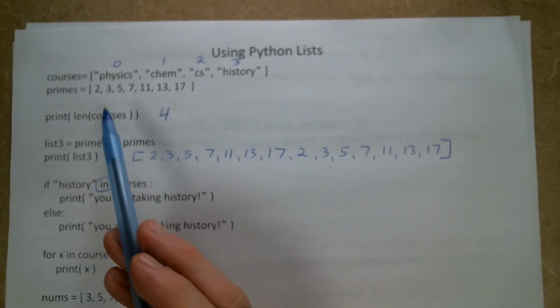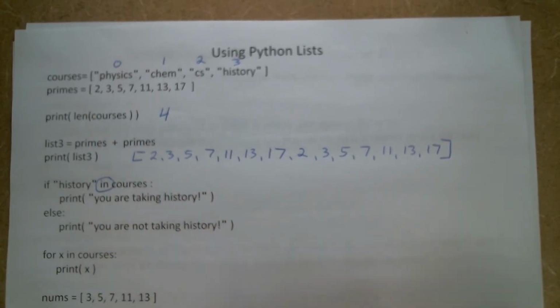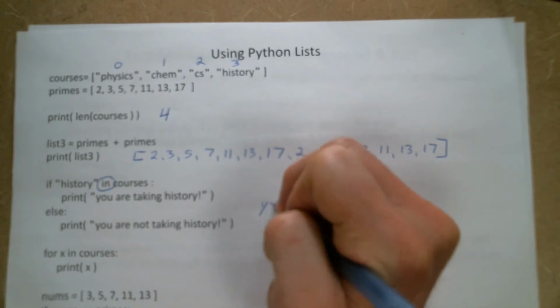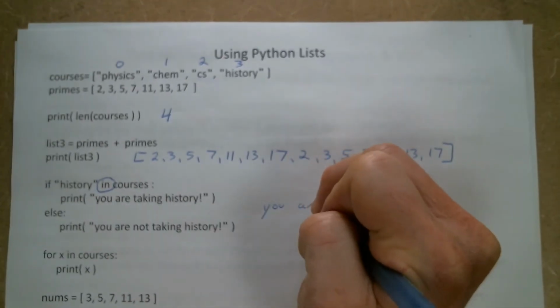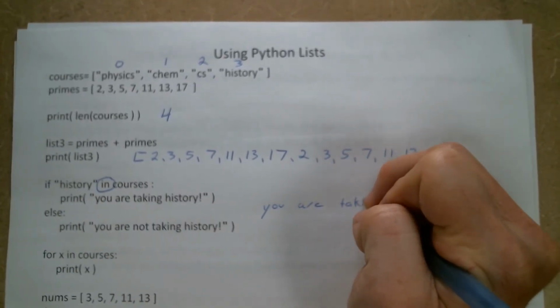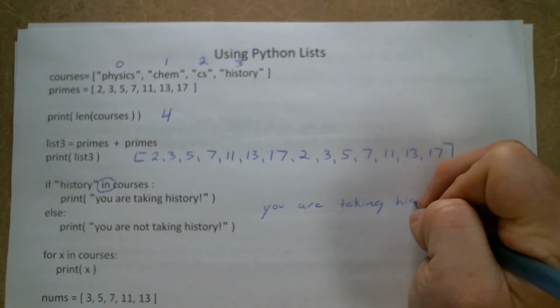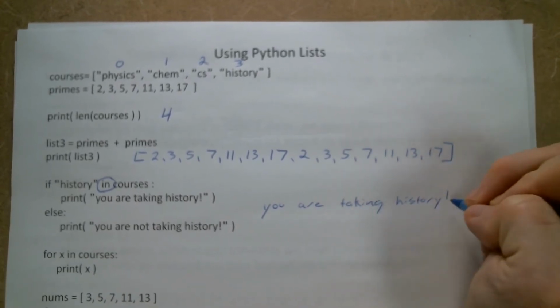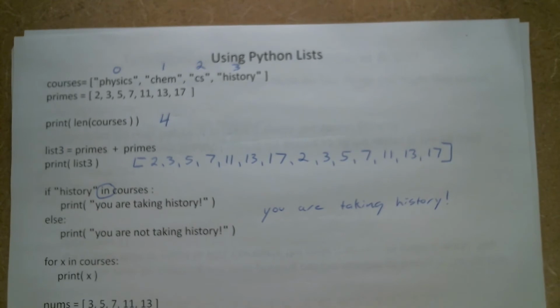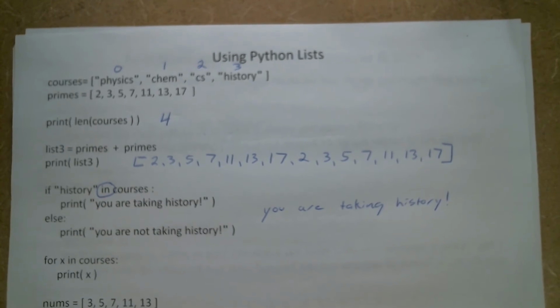So if we were to run this on our code here, we would print out you are taking history. But if we combine the if statement with this in command, we can look for things inside of lists.